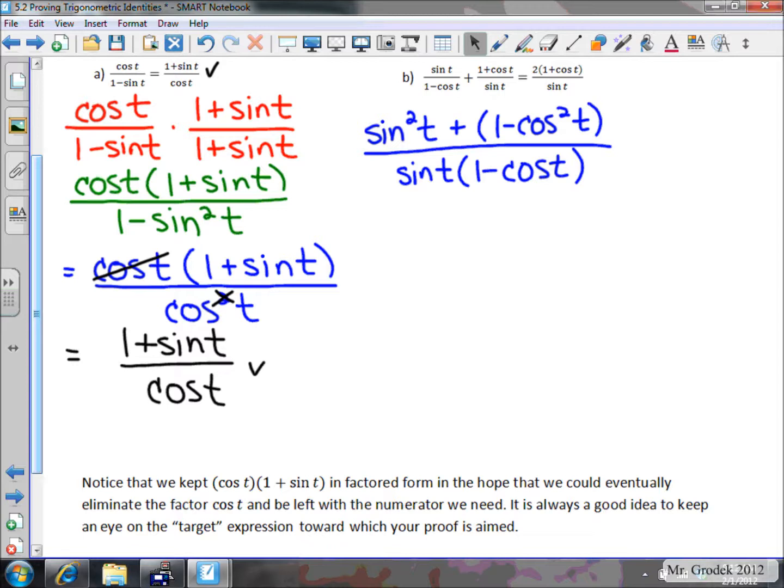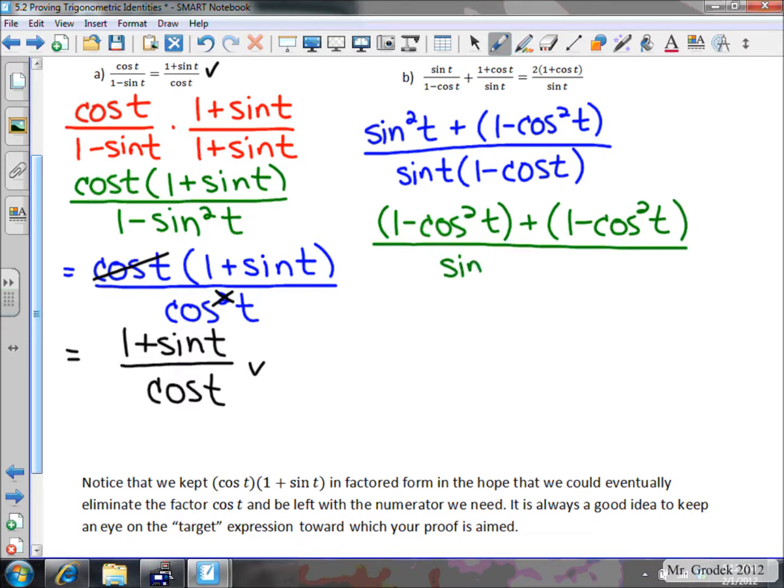Now the trick here is because we want 1 plus cosine of t on top, we're going to change sine squared to 1 minus cosine squared. Now the nice thing about this is I have two 1 minus cosine squareds on top.